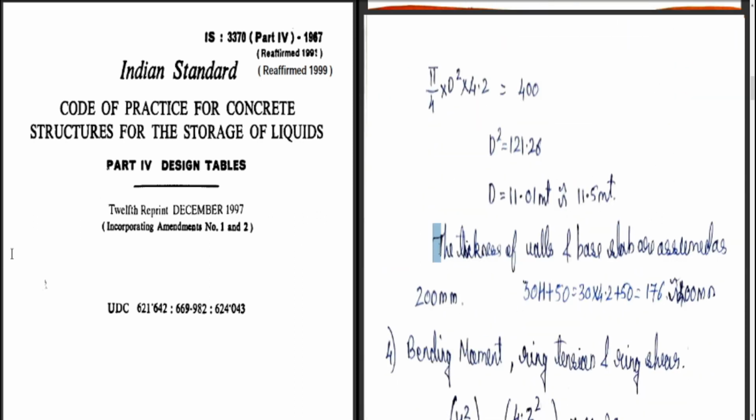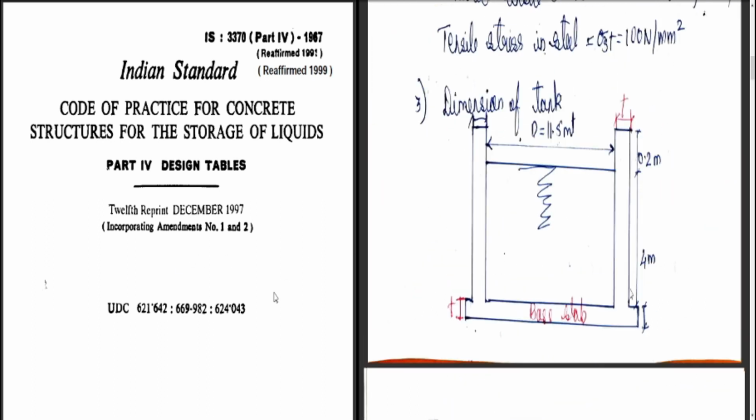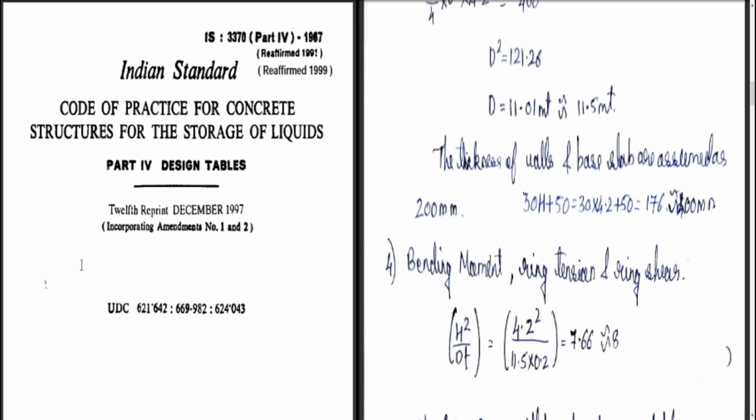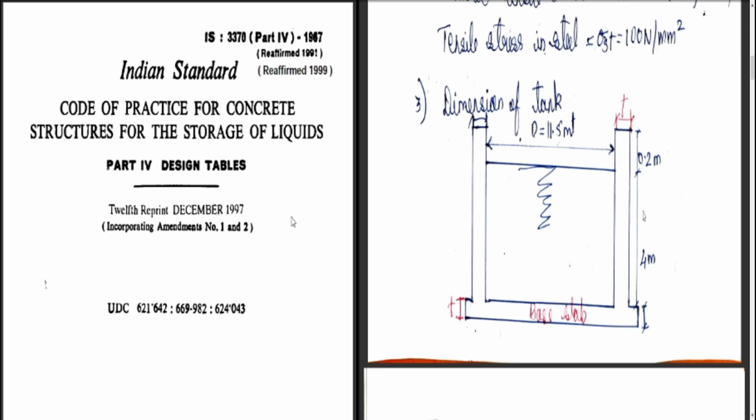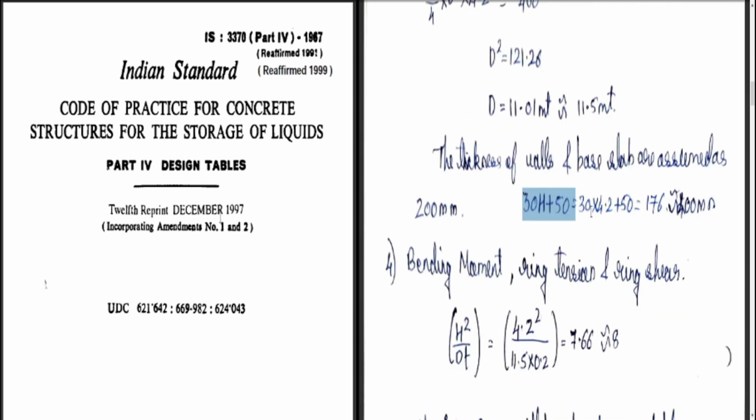So let us see. The thickness of the walls and the base slab are assumed. The thickness of the wall and base slab are assumed as 200 mm, or you can also take it as 30h plus 50, where capital H is nothing but the total height of the tank wall. So 30 into 4.2 plus 50, which is 176.